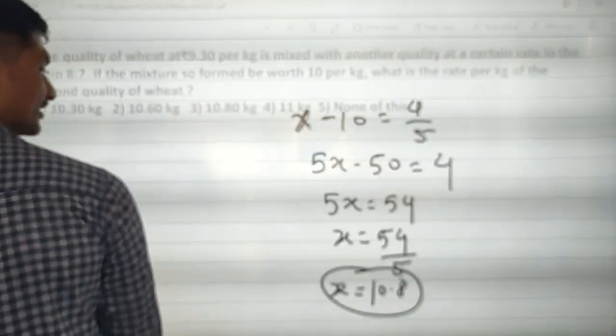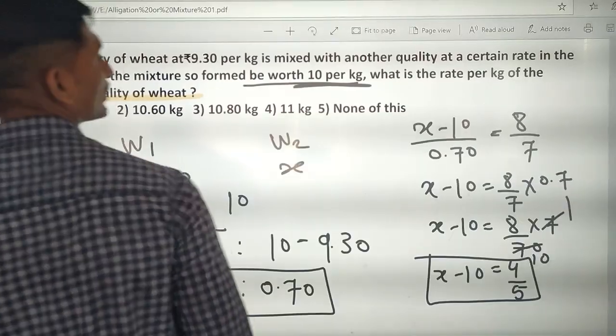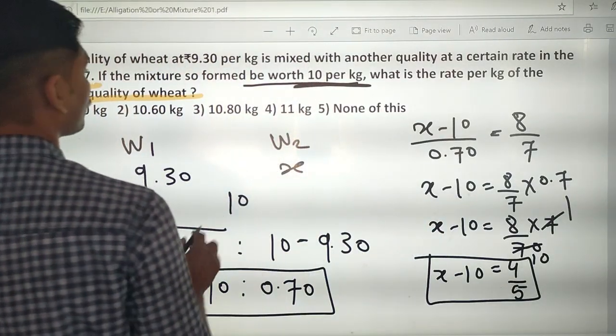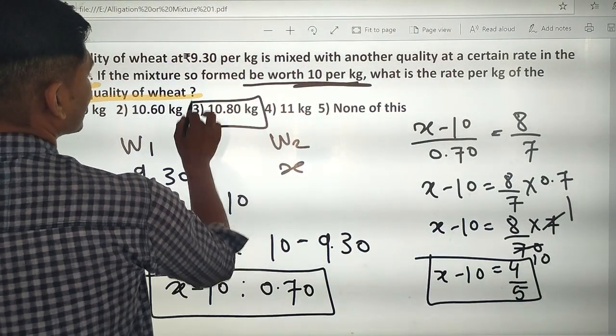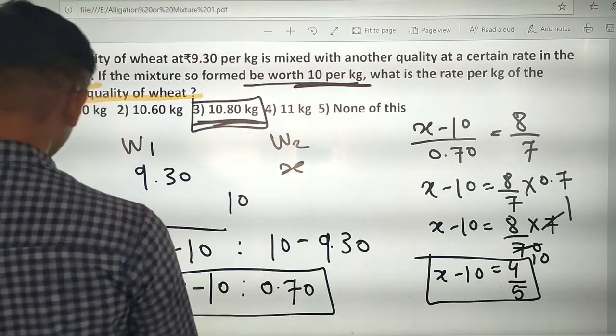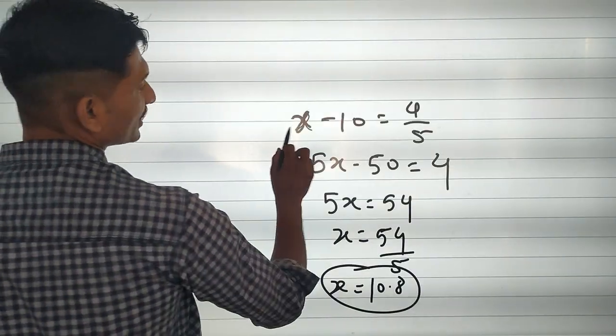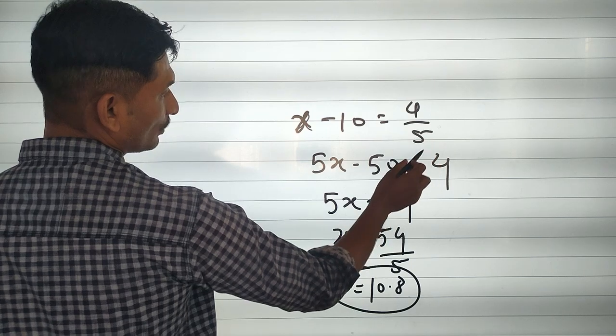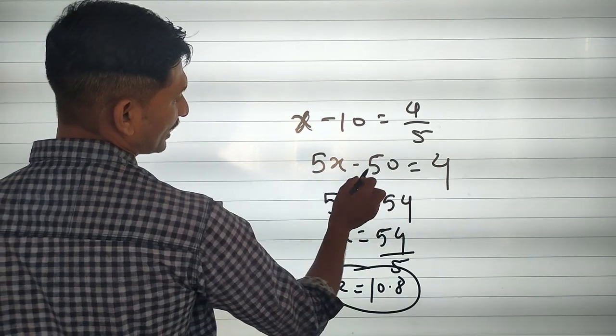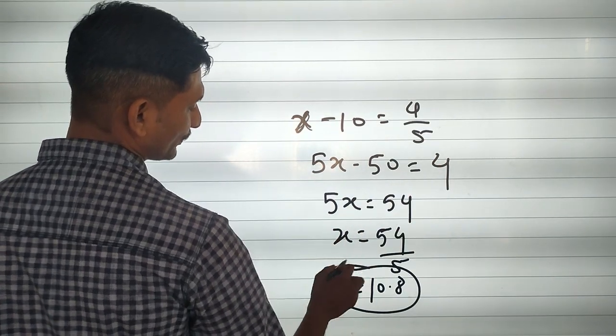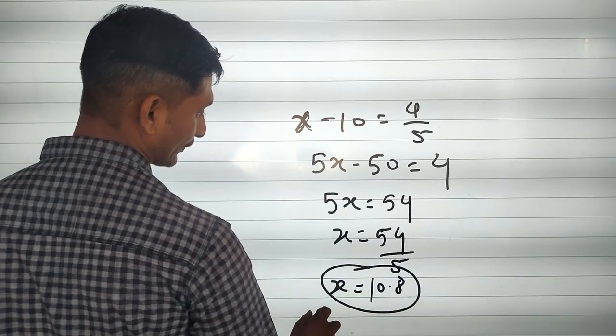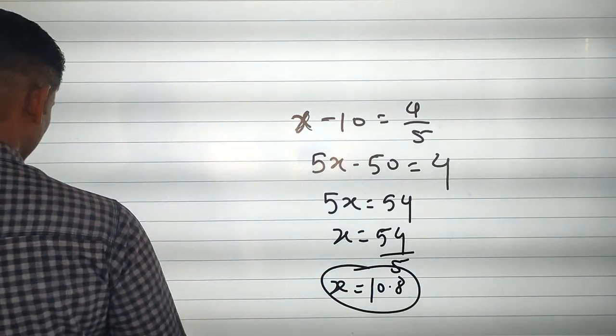Your answer is 10.8. Now we solve this equation again: x minus 10 is equal to 4 by 5, cross multiply, 5x minus 50 is equal to 4, 5x is equal to 54, and x is equal to 54 divided by 5, which is 10.8.